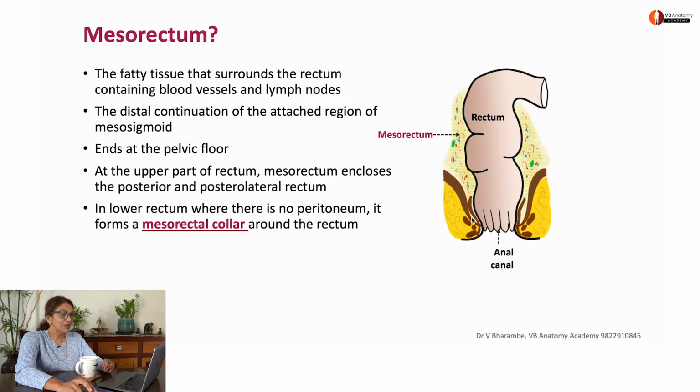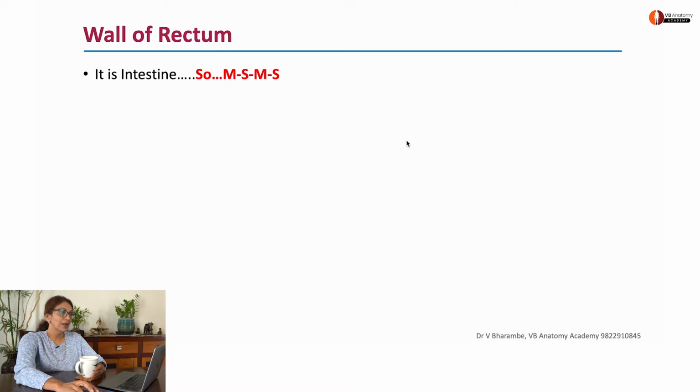It ends at the level of the pelvic floor, you can see it here. In the upper part, it just encloses the rectum from the side and the front. In the lower part, it forms a little collar of connective tissue completely surrounding the rectum. This is a terminology used by surgeons for dissecting in the region around the rectum. So they say dissection in the mesorectum.